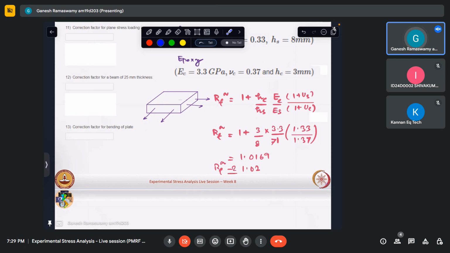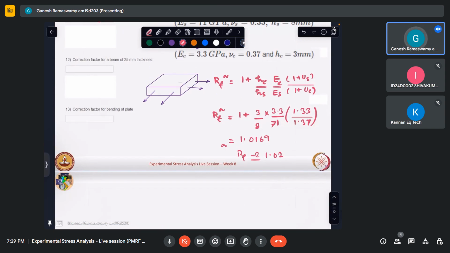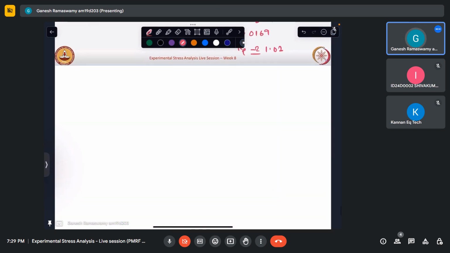The correction factor for the beam of 25 mm thickness. Now again, it's a big formula, so I'll just write it once for bending. In this case, let us say there was a coating on top. Essentially, there won't be strain variation between the top fiber and the bottom fiber of the coating because it is under uniaxial tension.